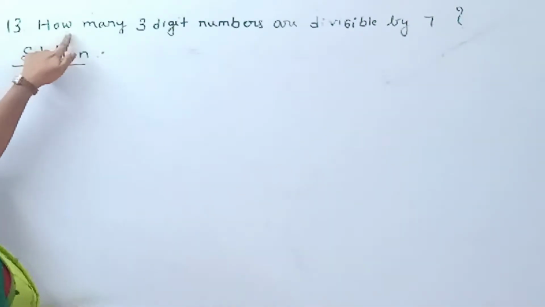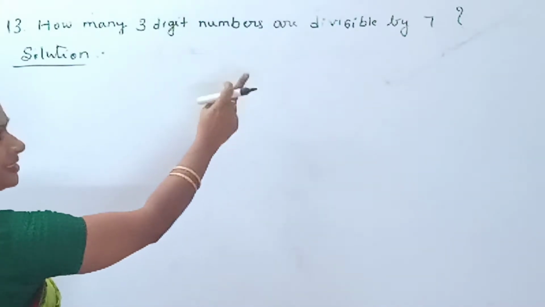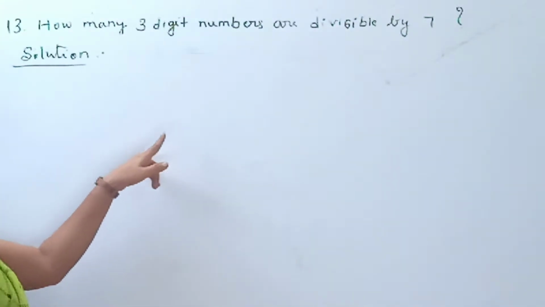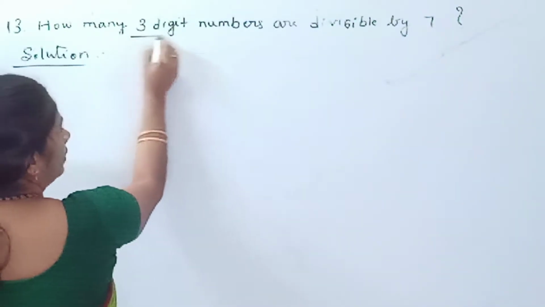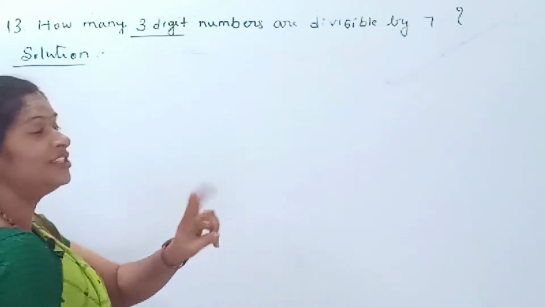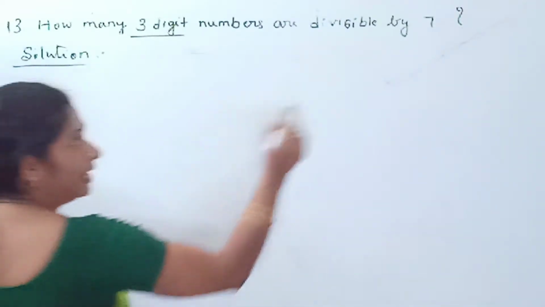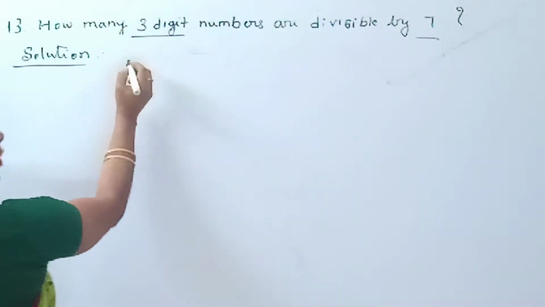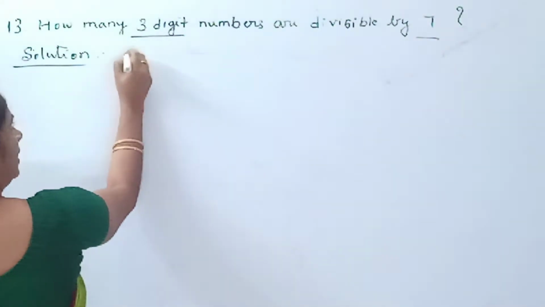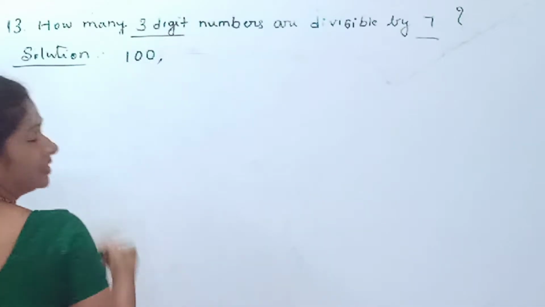Coming to the 13th question, how many 3-digit numbers are divisible by 7? Please observe carefully, children. We know that the smallest 3-digit number is 100, isn't it?